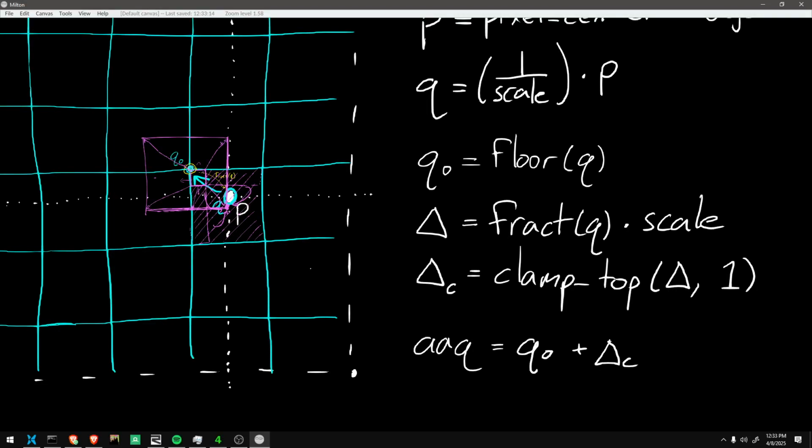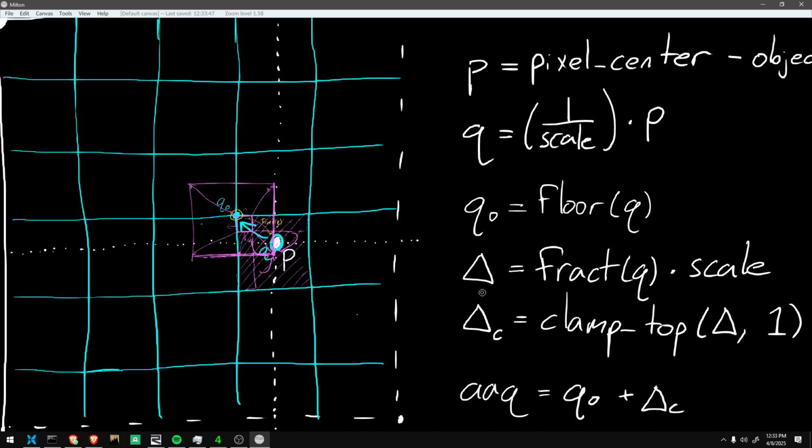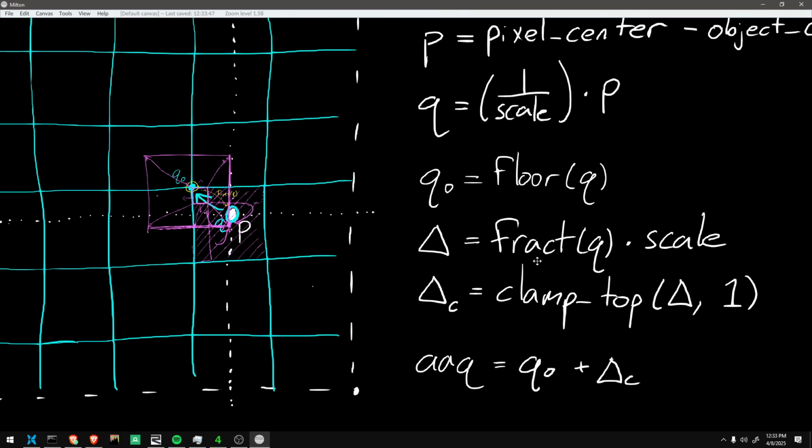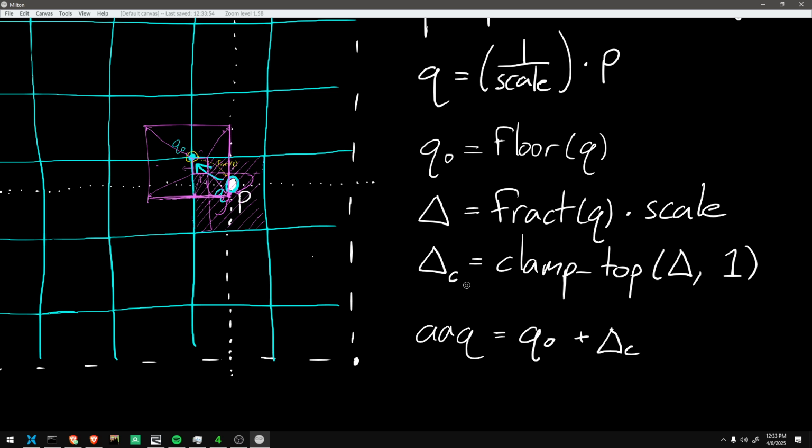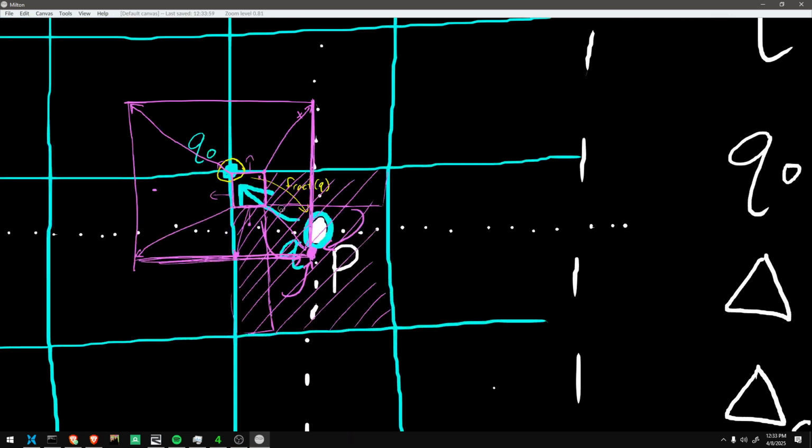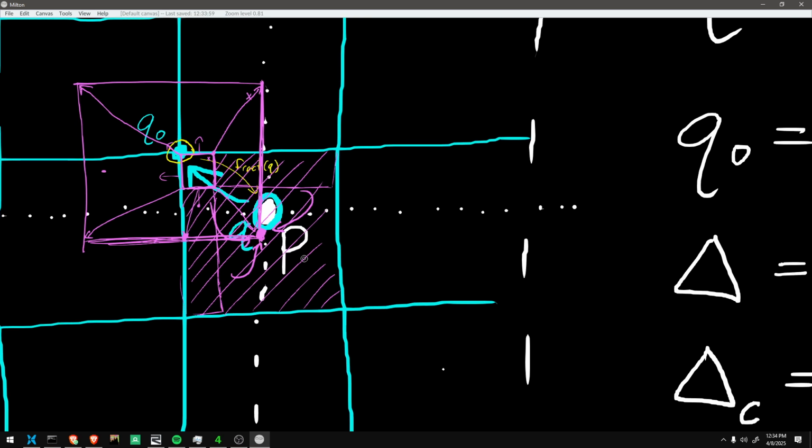Delta is how many pixels? Okay, so the confusing thing is delta is not in the same space as you think. Delta itself is actually scaled back up, so it's a difference between two things measured in the space of pixels. And that's what this is too, except that it's clamped.